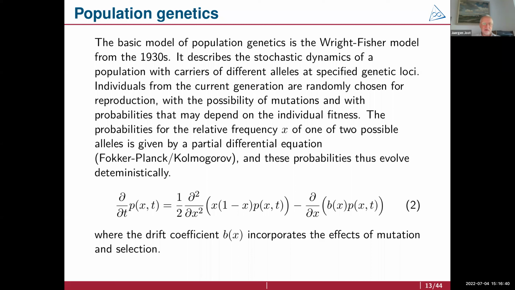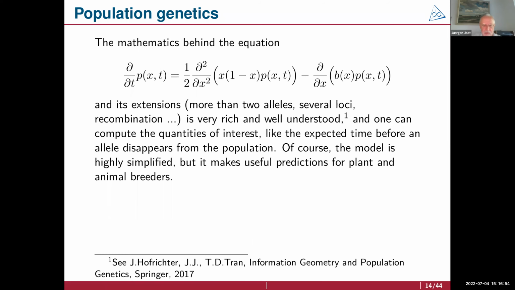I will not go into the equation. I just want to show you the picture that a very general biological model with many effects can be condensed into a very simple looking mathematical equation. The mathematics behind this equation, however, is quite rich.